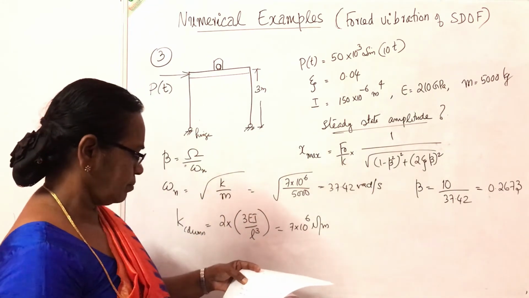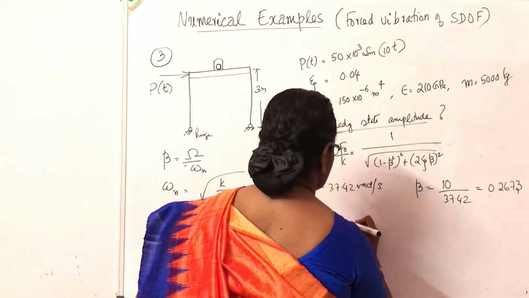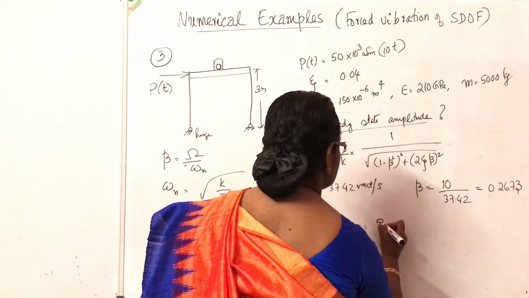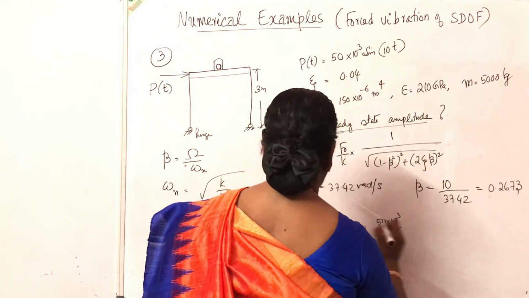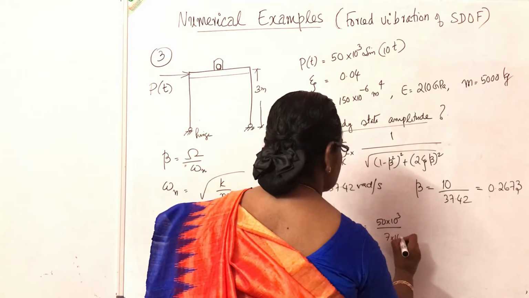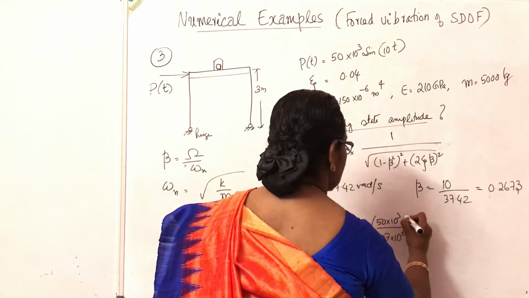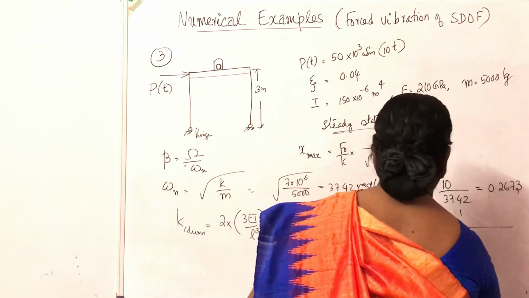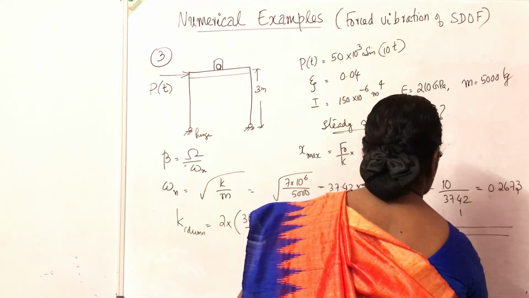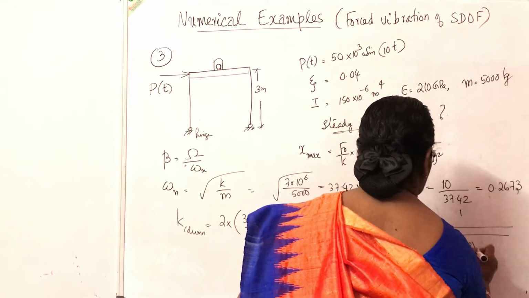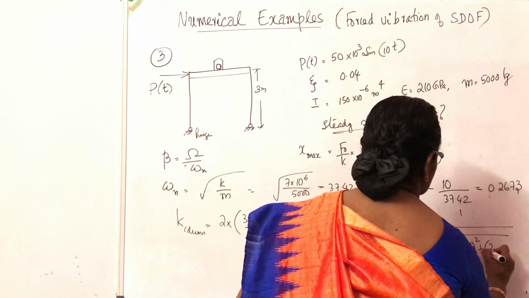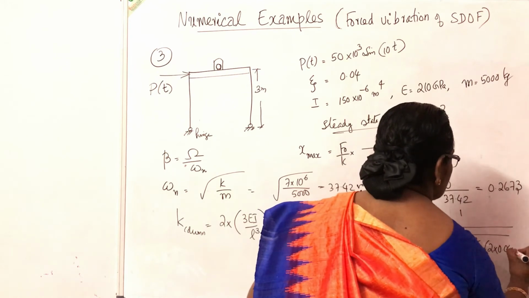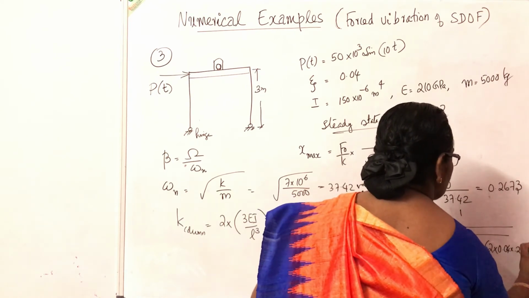Everything is given in the question. You can just substitute in this expression. X max for the dynamic displacement is equal to F0 by K, 50 into 10 raised to 3 by 7 into 10 raised to 6, into 1 by square root of 1 minus beta square the whole square plus 2 psi beta the whole square.